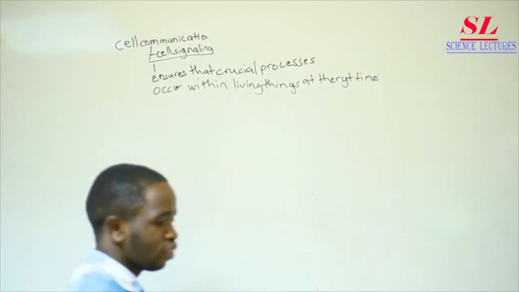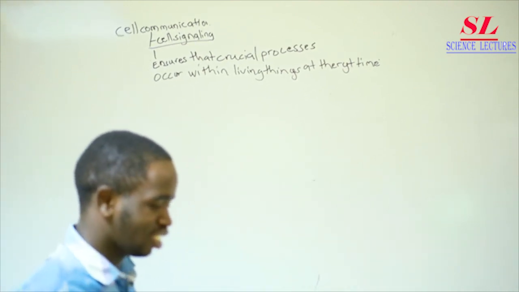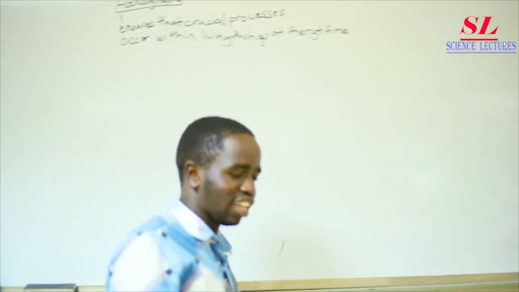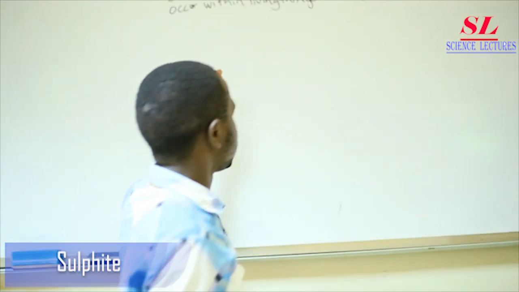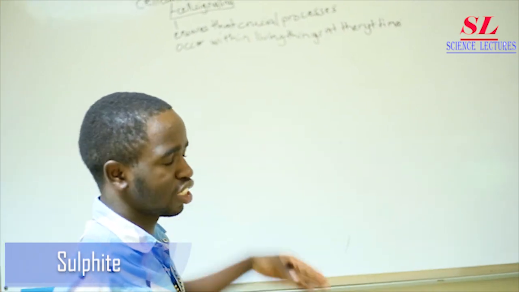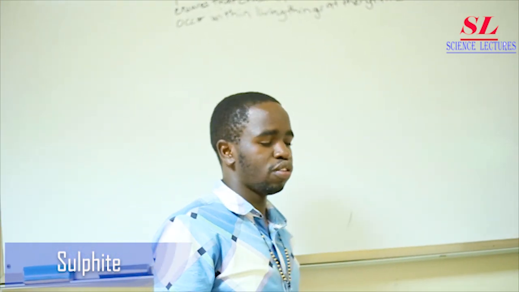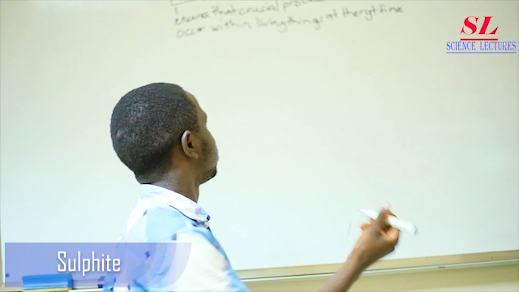That is the essence of cell signaling. In case it is time for cell division, has it occurred at the right time? Is it occurring at the right place? Because any disorder within cell signaling has a lot of repercussions, as we are going to be discussing.